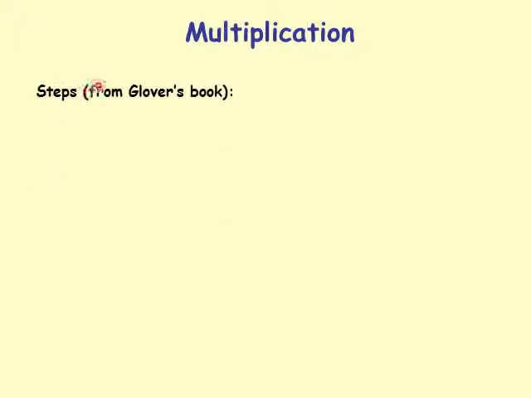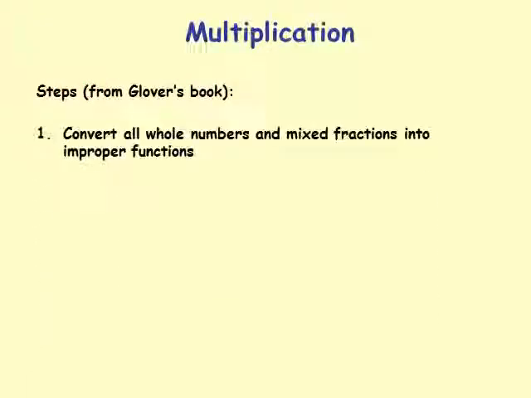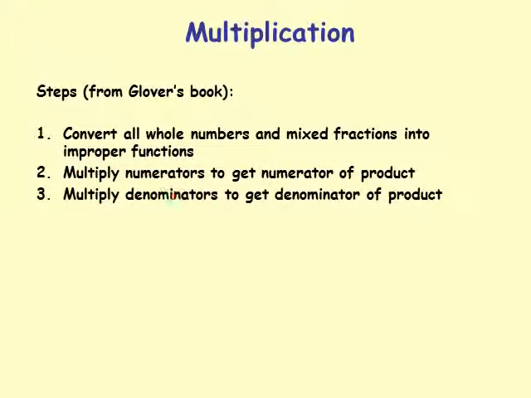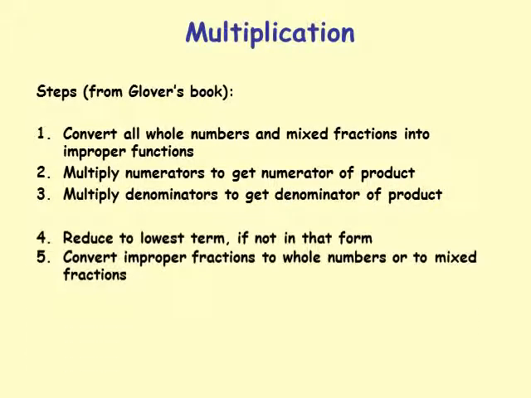Here are my steps I got from Glover's book. 1. Convert all whole numbers and mixed fractions into improper fractions. A whole number of 3 means 3 over 1. Then multiply numerators to get the numerator of the product, and multiply denominators to get the denominator of the product.